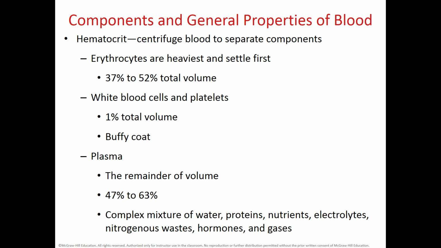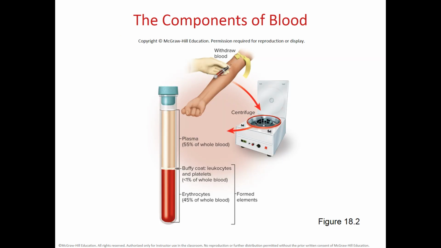Plasma is a fluid that is light yellow in color with a clear tone, and will make between 47 to 63% of your sample. In the plasma, you have these components: water, protein, nutrients, electrolytes, nitrogenous wastes, hormones, and gases.